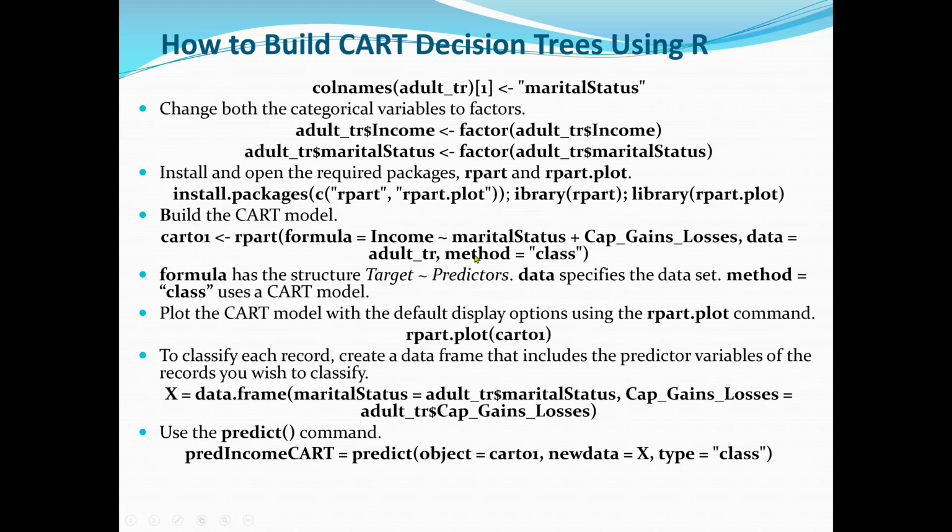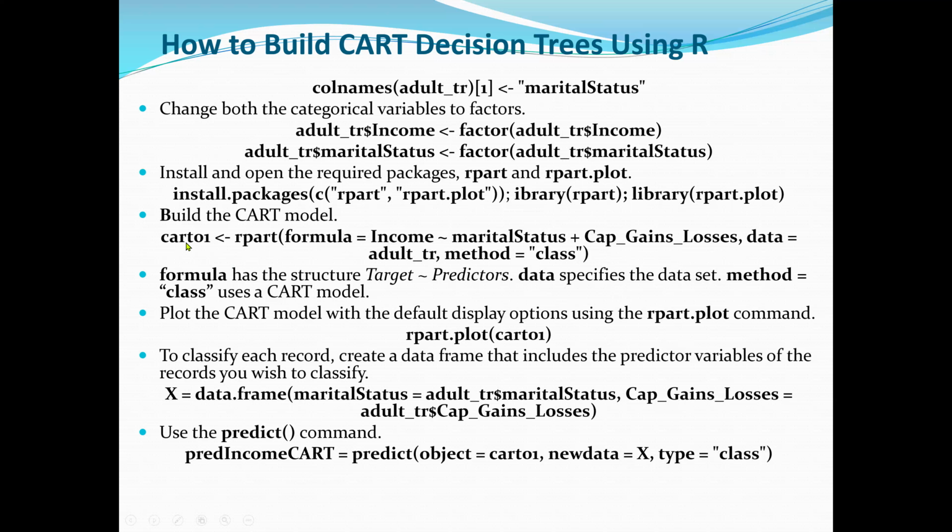And also the last section, which is method equal to class. The method class input will specify that we want to use a classification CART model. That's why it's class, classification. Then finally, we save the resulting model as cart01. It's up to you, you can save it under any name.